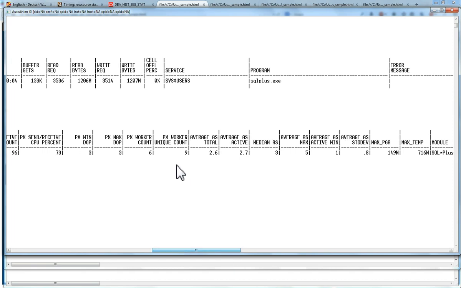So these 6 servers were found in the active session history information, but the point of this second part here, where I talk about the unique count, is that some of these parallel execution servers got reused in another DFO tree. As I explained in some of my other tutorials, when a DFO tree of a parallel plan starts, it acquires parallel execution servers and it deallocates them when the DFO tree ends.